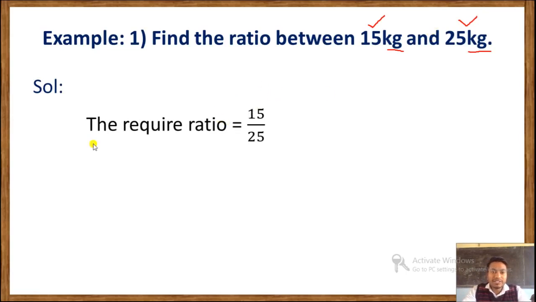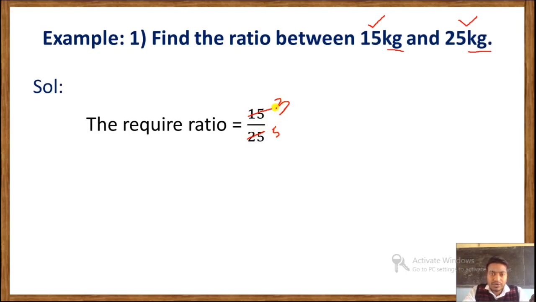The required ratio equals 15/25. We can write like this: 15, this is the first one, and the second one we will write in denominator. Now reduce the terms. So this will go by 5: 5 times 3 is 15 and 5 times 5 is 25.